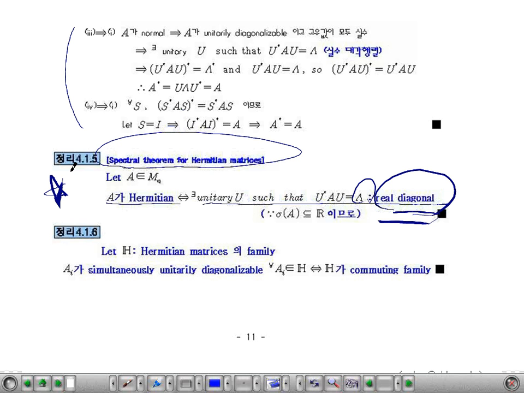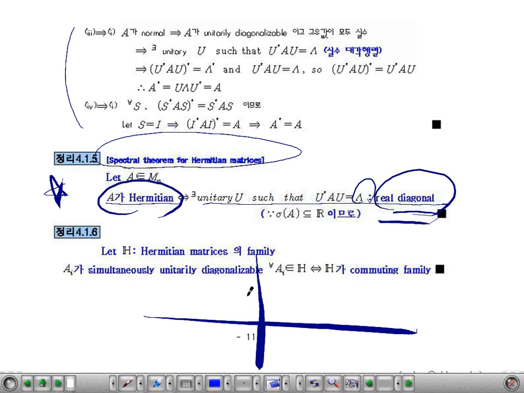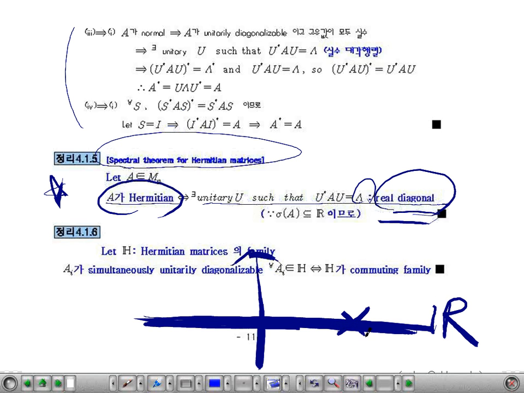This is called the spectral theorem for Hermitian matrices, because all eigenvalues of a Hermitian matrix are real, even though the matrix is complex. What that means is that this is a Hermitian matrix, but the eigenvalues are all on the real line, not in the complex plane. So there is a very strong characterization of the Hermitian matrix.